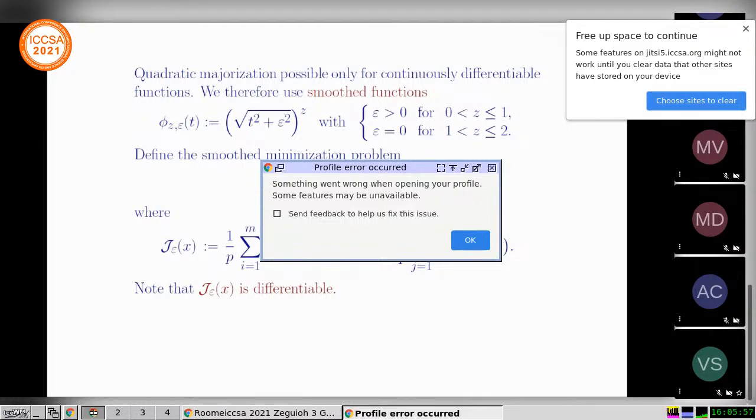Now, in order to have a gradient, the function has to be differentiable, and the function J we had is not differentiable if P or Q is smaller than 1. Therefore, we replace the norms by some kind of smooth norms, which look like this, and this results in a differentiable function.